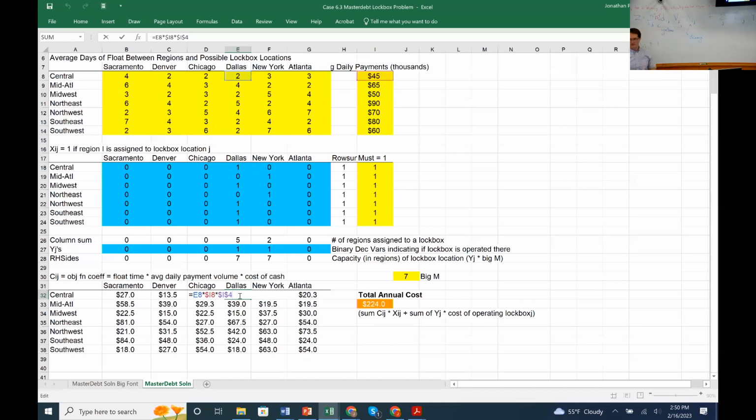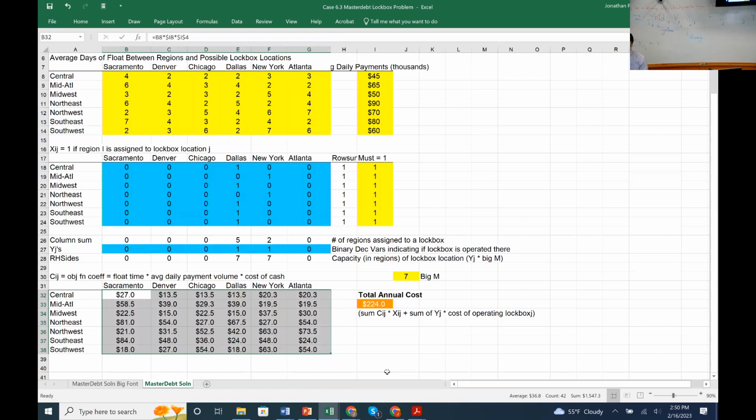I forgot the 15%. And then in this, which is hard to read, I have some product, the XIJs, with this to pick out. I'm only paying for the IJ combinations that I actually made.